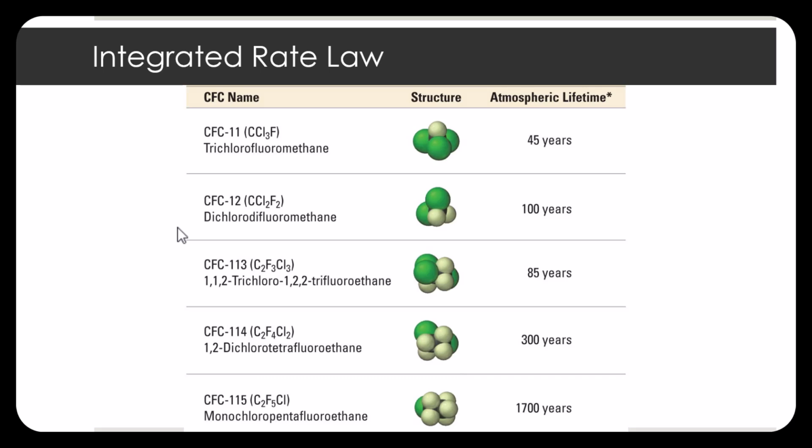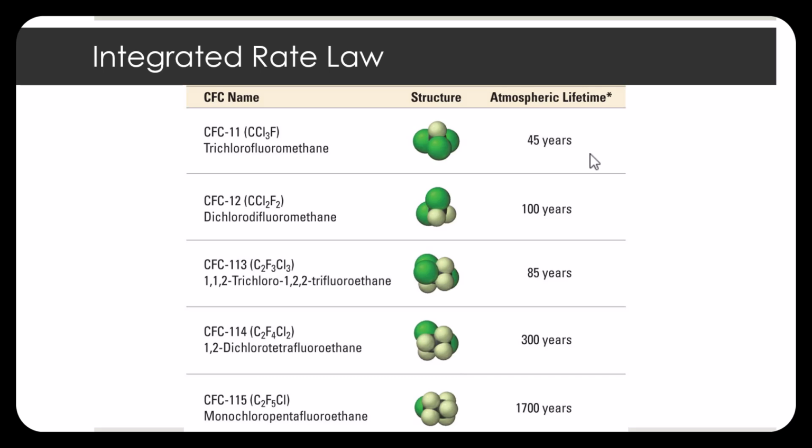So what's more tangible, how fast it disappears or how long it lasts in our atmosphere? We're going to get to numbers and years and minutes and seconds as opposed to a rate that's like molarity per second or molarity per year. A little bit ambiguous. So our answers are going to be more tangible when we figure them out.